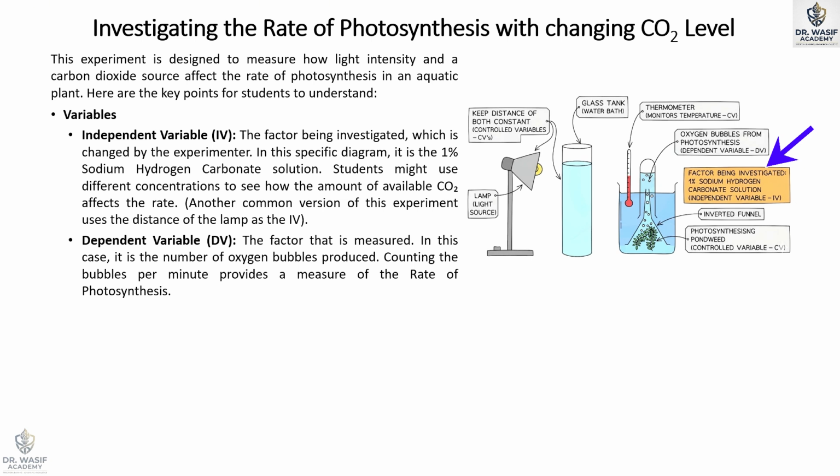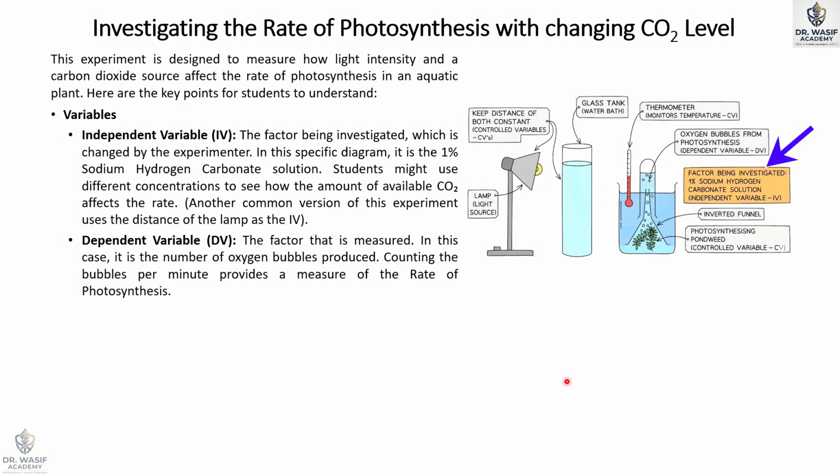We shall control the concentration of carbon dioxide by using different percentages of sodium hydrogen carbonate. For example, comparing a 1% solution to a 5% solution, we can increase or decrease the concentration of carbon dioxide in the solution.